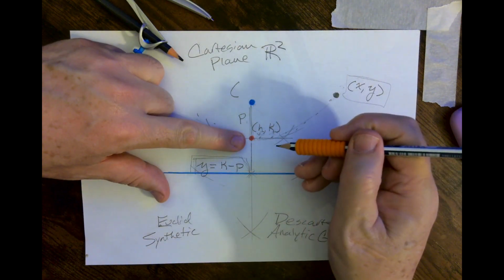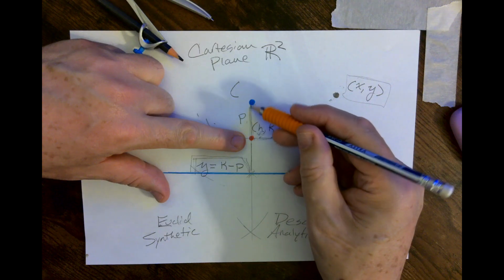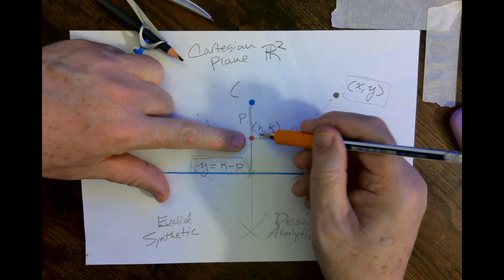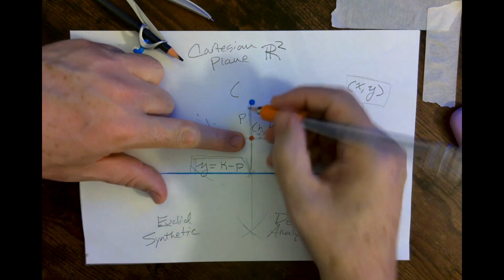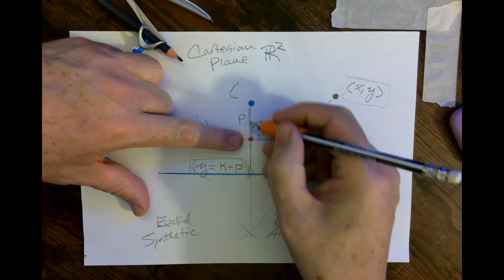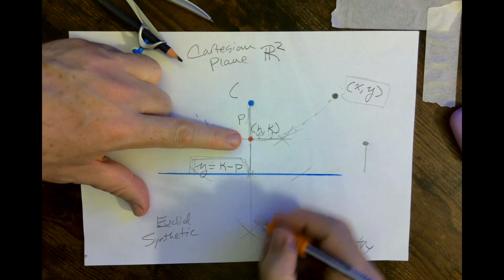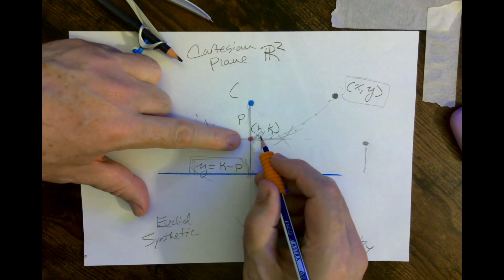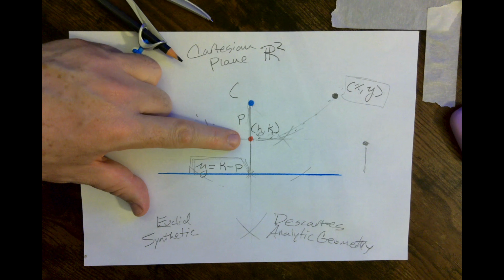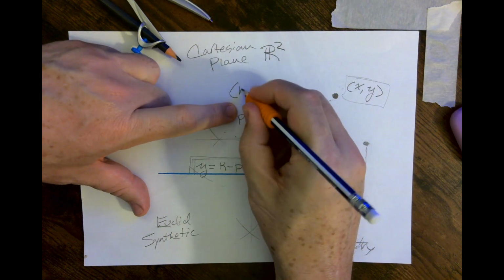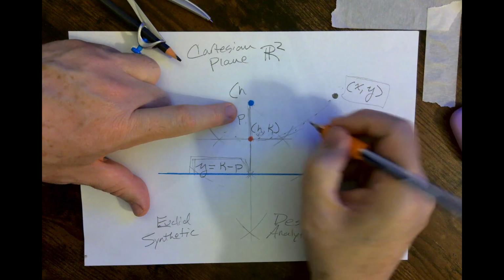Because we did that, it defines some other things for us. For example, on this line right here, everything is h. This is going to intersect the x-axis at a right angle. So this point here also has the same x-coordinate, h.